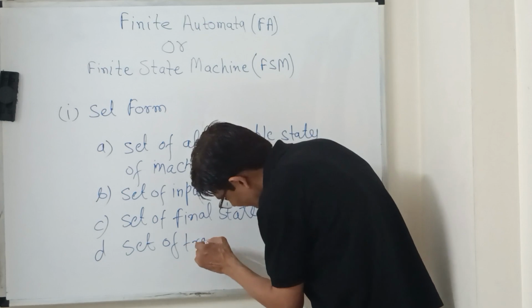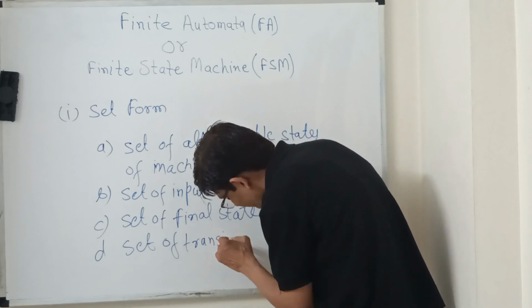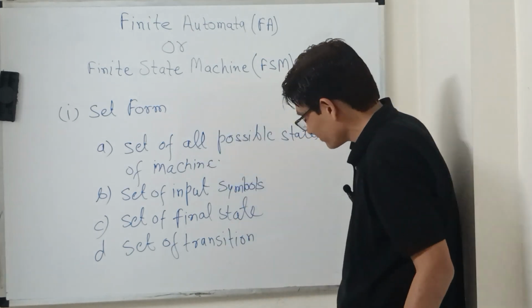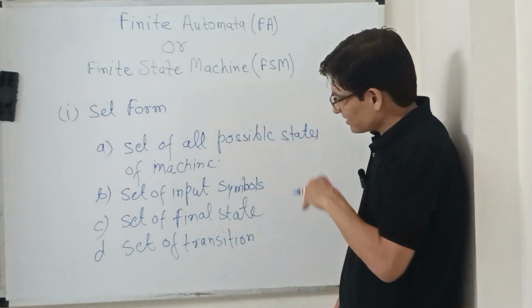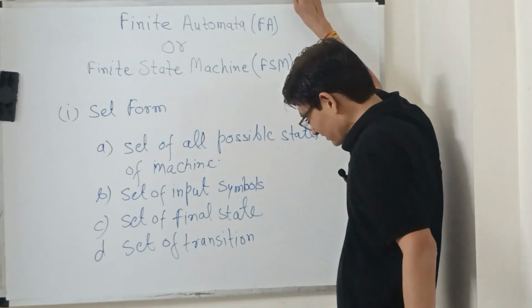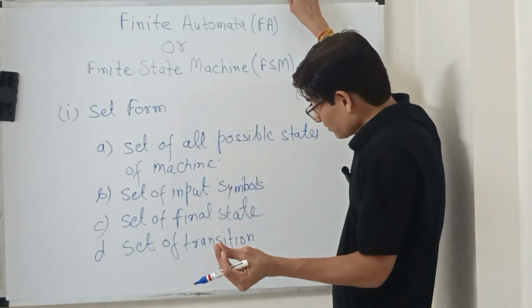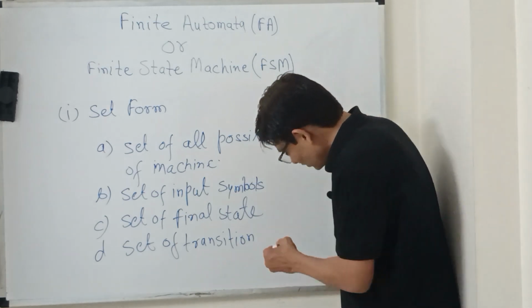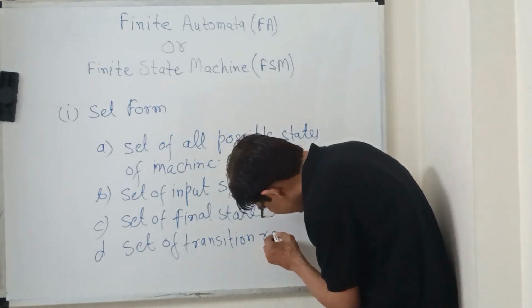As we have discussed, friends, after reading one character from the string, the machine changes from one state to another state. That means it is taking a transition from one state to another. So there must be some rules to define these transitions.